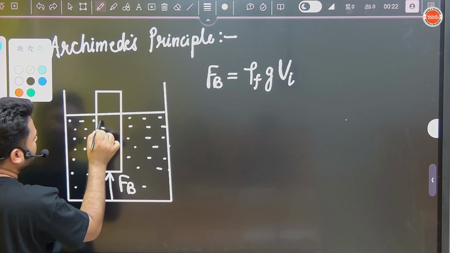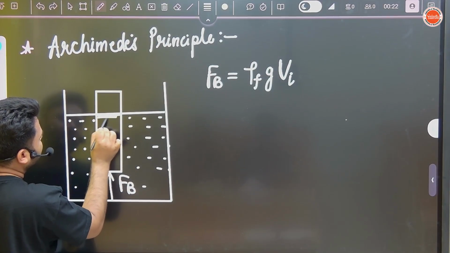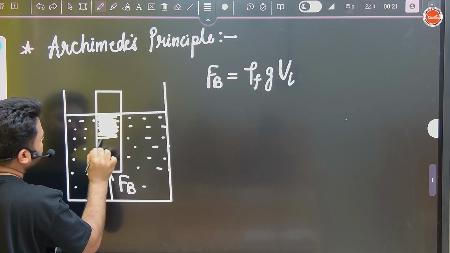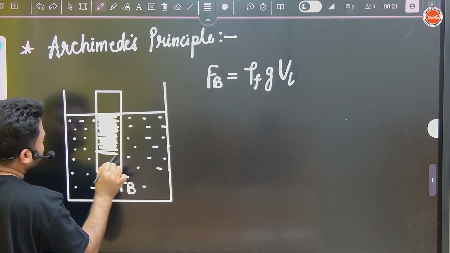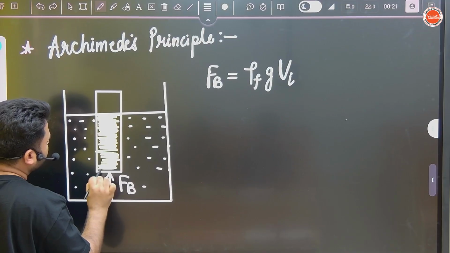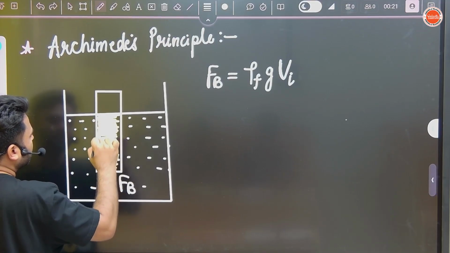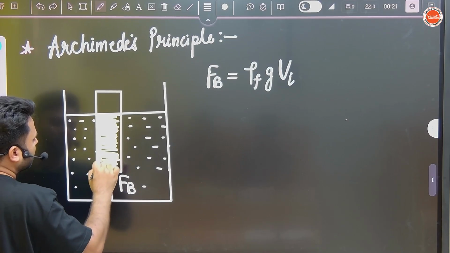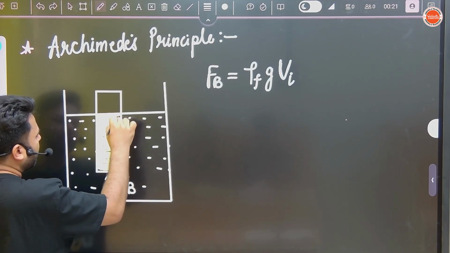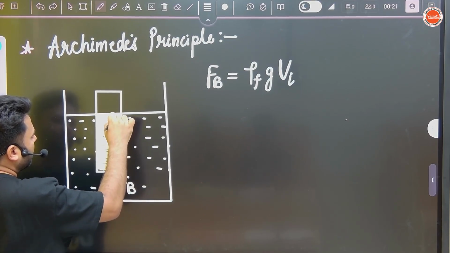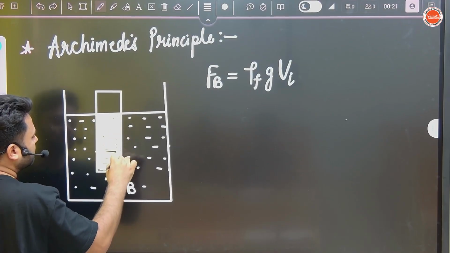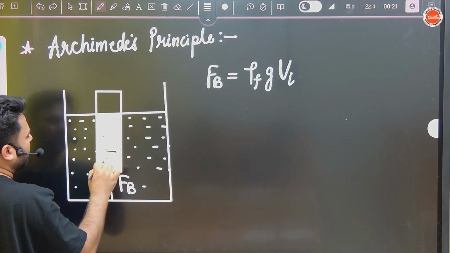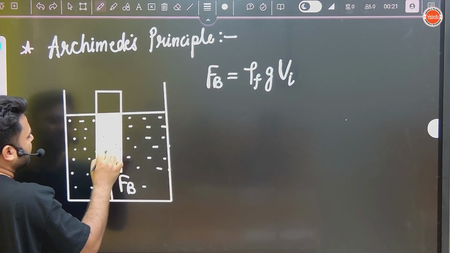This volume is inside, so this volume we have to take. Understood now? So this is the buoyant force, this much upward force will be there.